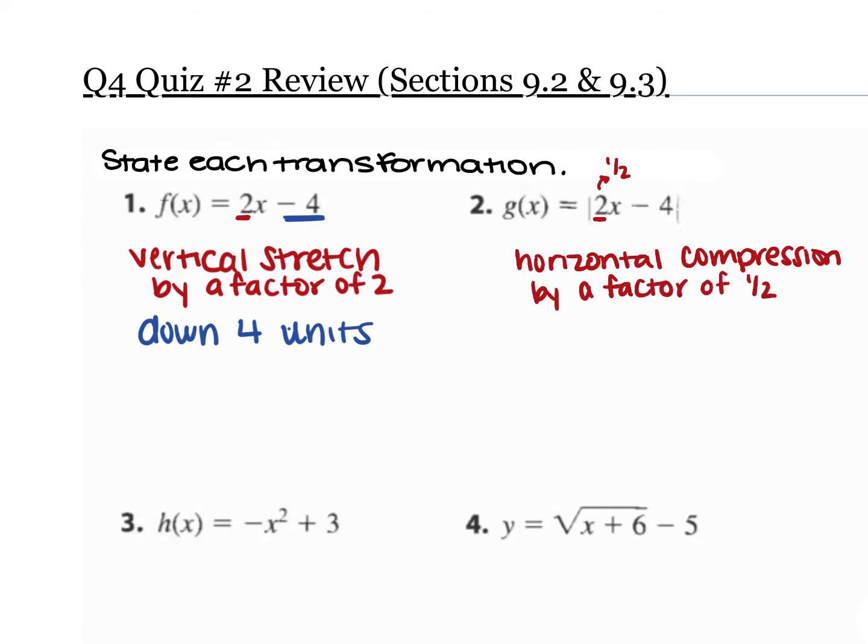Then we have that minus 4 that comes after the x inside the absolute value bars. So this means that we're going to the right 4 units.